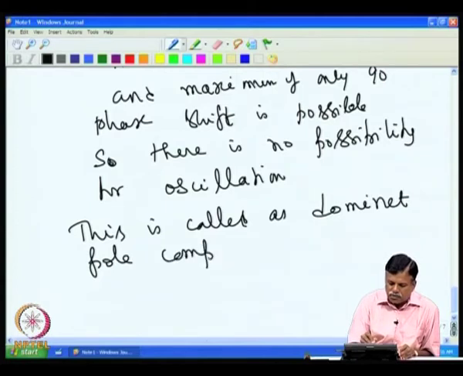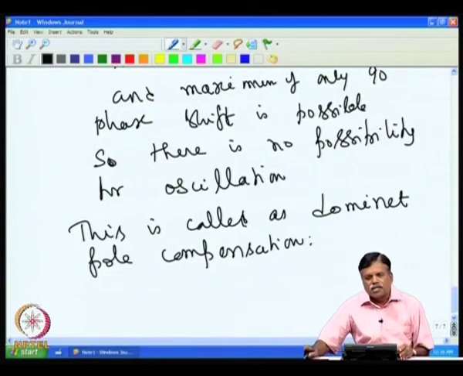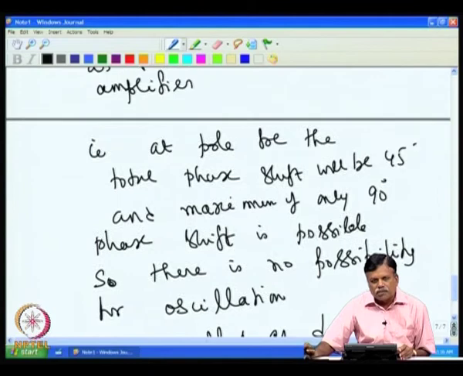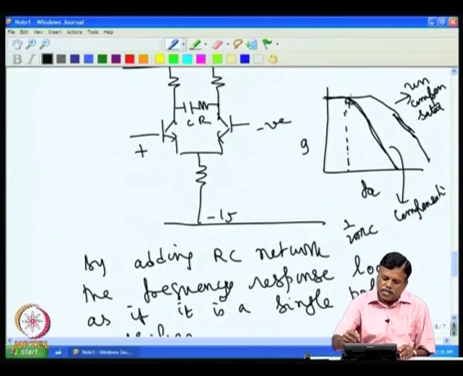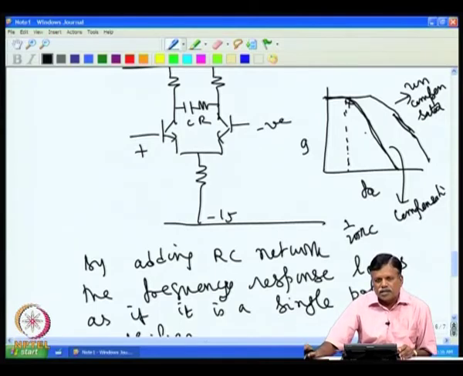Now, the dominant pole compensation is good, it works always, there is no problem at all, but the only drawback of this scheme is that the open loop gain is drastically reduced. We achieved this stability by drastically reducing the overall open loop gain of the amplifier.